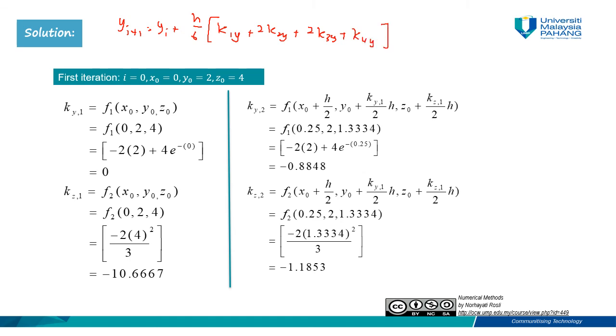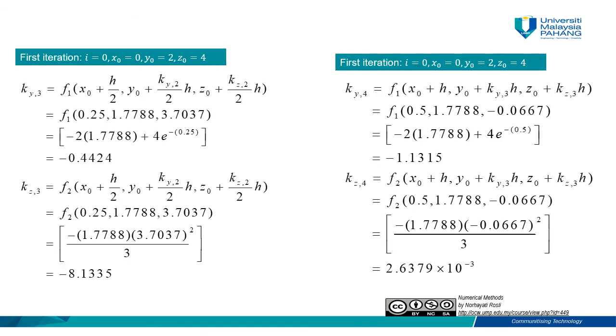Same goes to z: z_{i+1} = z_i + h/6 multiplied with (k1z + 2k2z + 2k3z + k4z). We need to calculate our k1y, k2y, k3y, k4y, k1z, k2z, k3z, k4z first. By using the formula, this is the calculation. So we continue here, this is k3y until k4z.